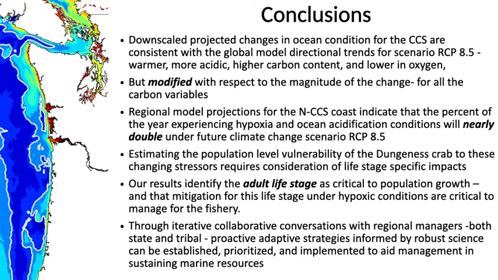Our results identify that the adult life stage is critical to population growth, and that mitigation for this life stage under hypoxic conditions is critical to manage for the fishery. Taking action during those low oxygen events during the summer is really important to the long-term vulnerability of the fishery.